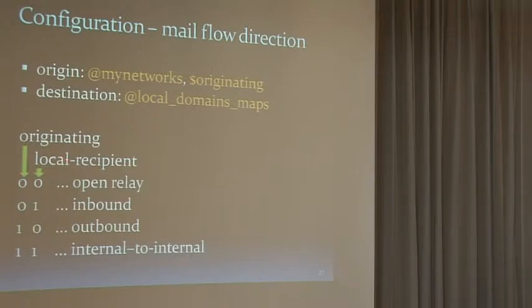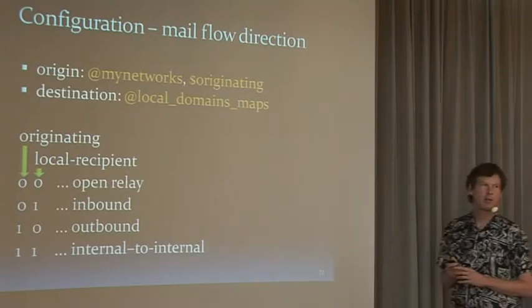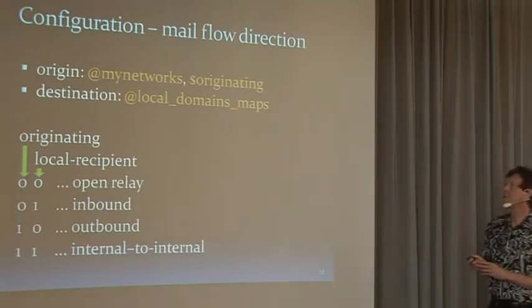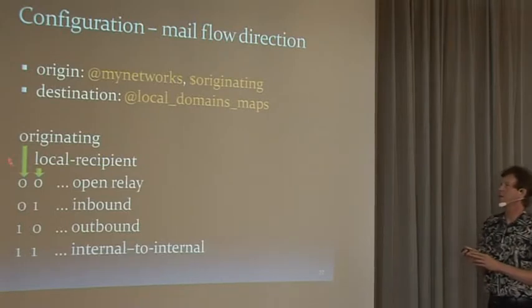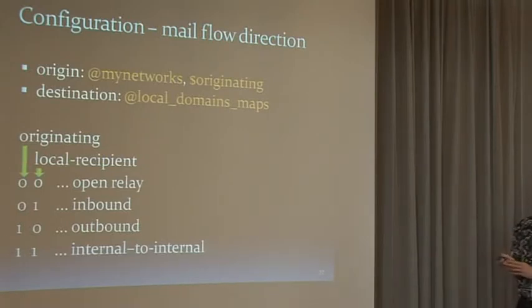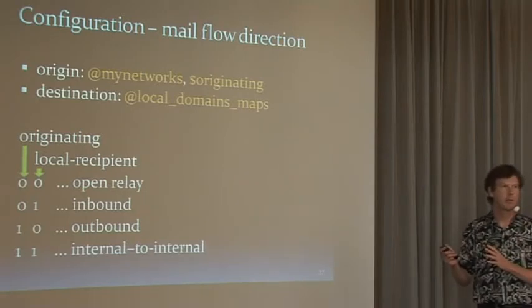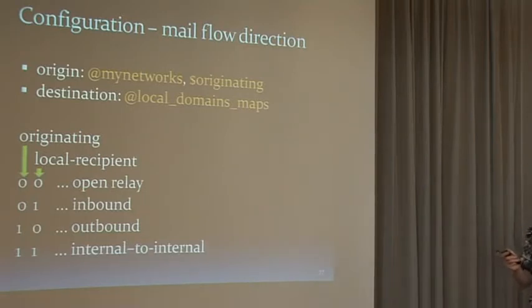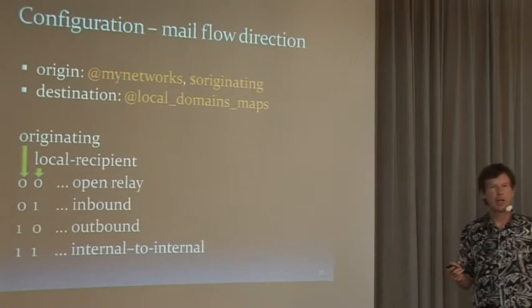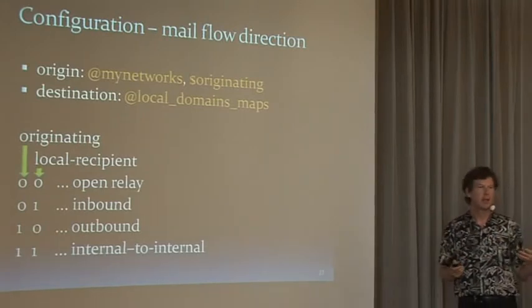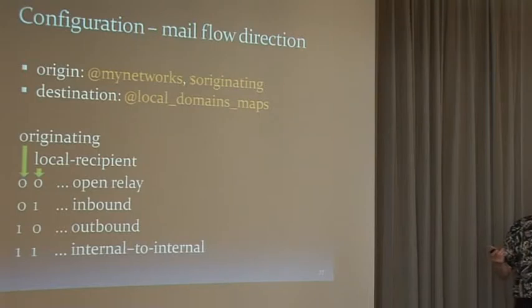And the other information point is where mail is going to, the domain of the recipient. And as you know, each message can have multiple recipients. So this applies to each recipient separately. For example, mail can be both outgoing and internal to internal at the same time when it has more than one recipient.